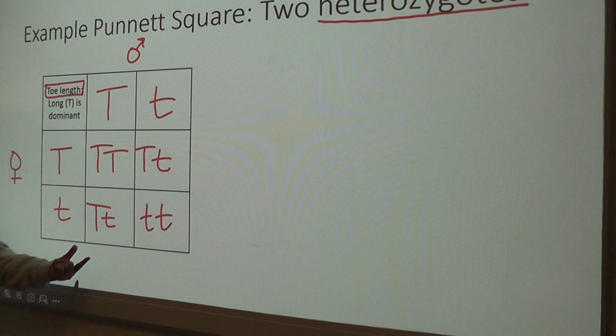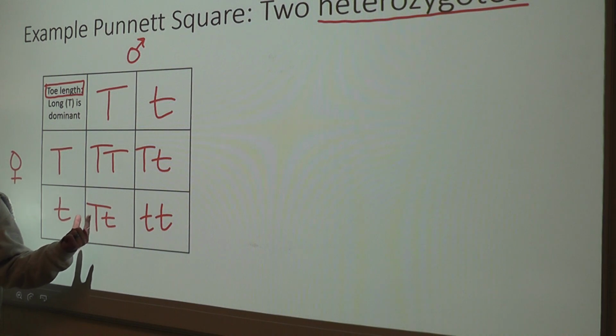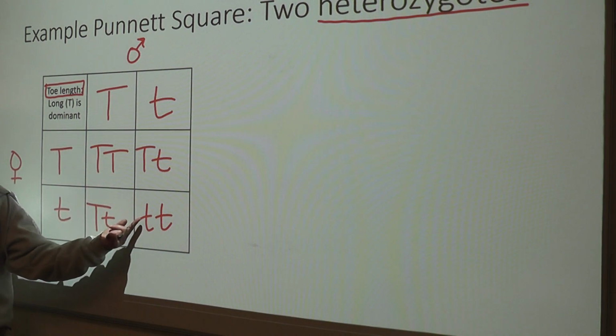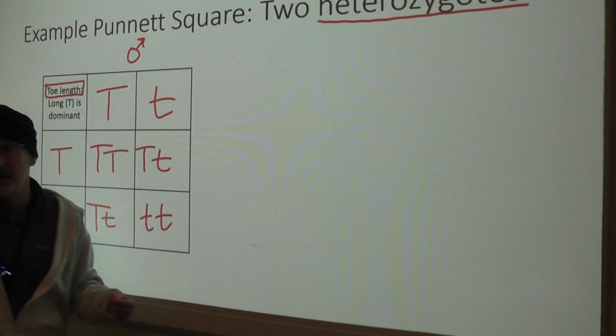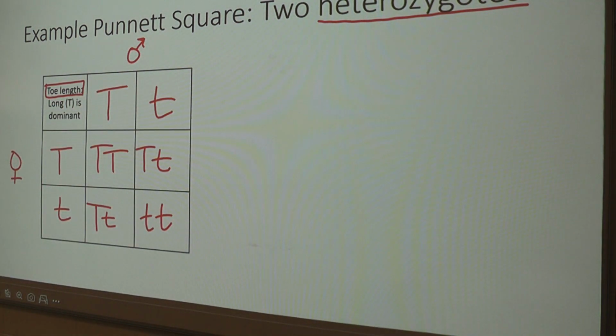When we write the genotype for heterozygous individuals, we always put the capital letter first. There is no convention about which allele came from which parent. It's either homozygous dominant, homozygous recessive, or if it's heterozygous, we put the dominant capital allele first and the recessive allele second.